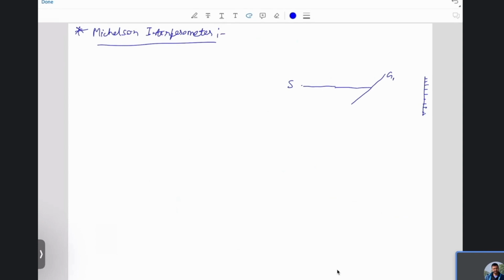Some of it will just pass, and some of it will get reflected.